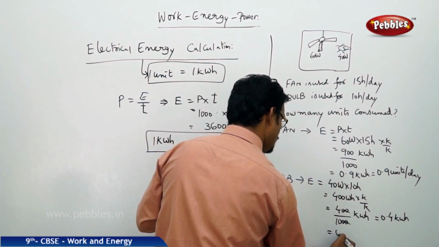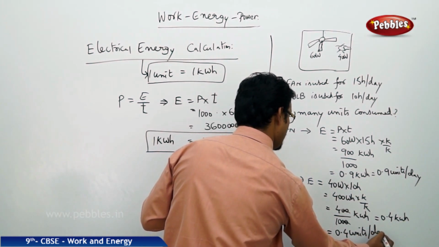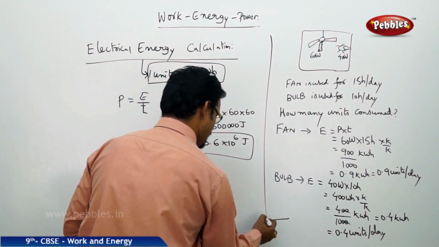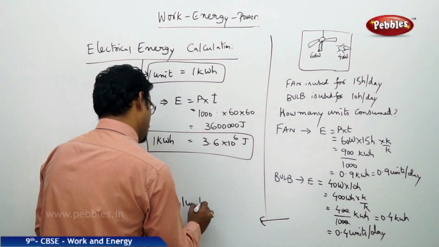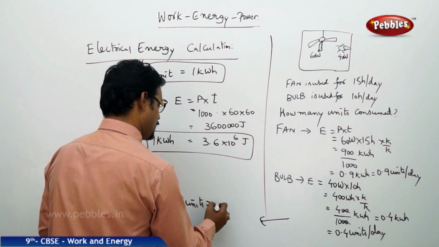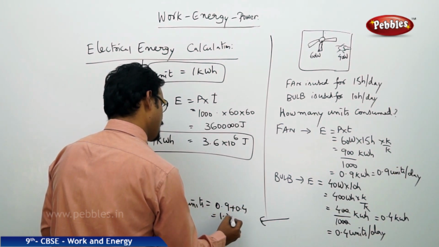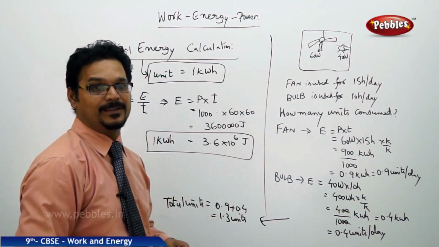So how many units have you consumed? 0.4 units per day. So the total units you have consumed is 0.9 plus 0.4, which is 1.3 units. This is how they calculate automatically.